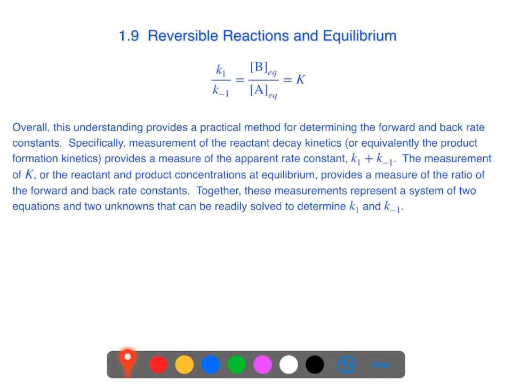We can use quench methods, we can use steady state, non-time resolved methods such as absorption and fluorescence spectroscopy to determine what K is for a reacting system at equilibrium. Together, these measurements represent a system of two equations and two unknowns. And so as a result, we can readily solve and determine what k1 and k minus 1 are.